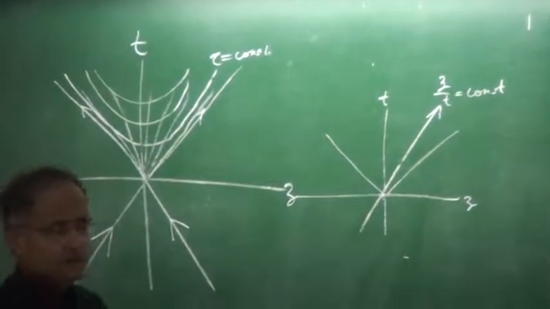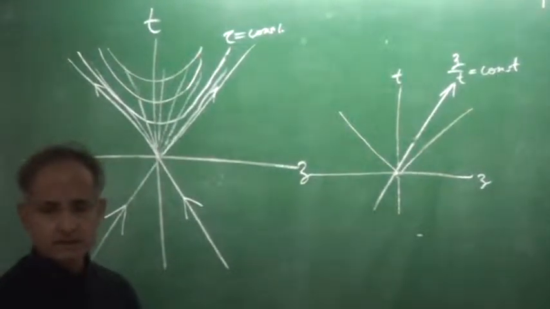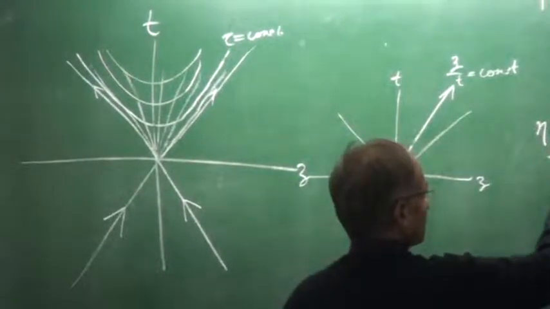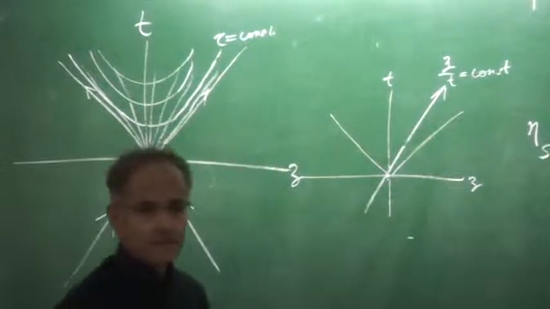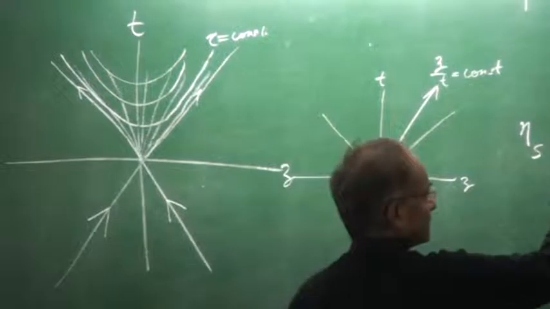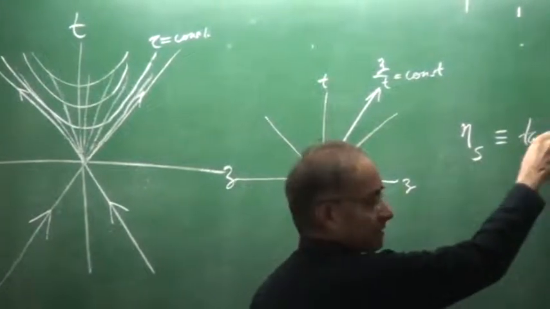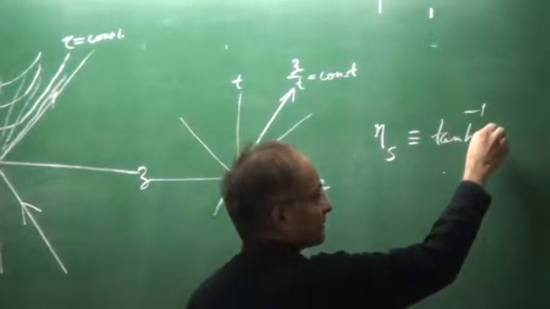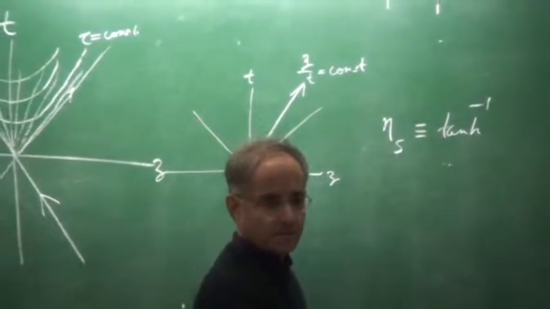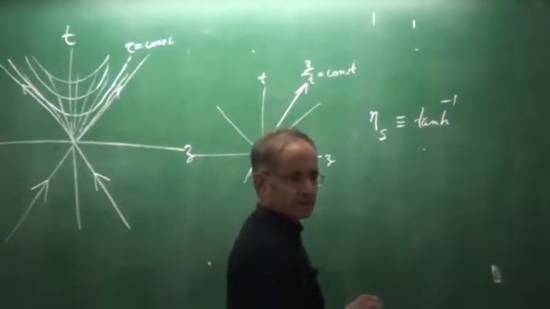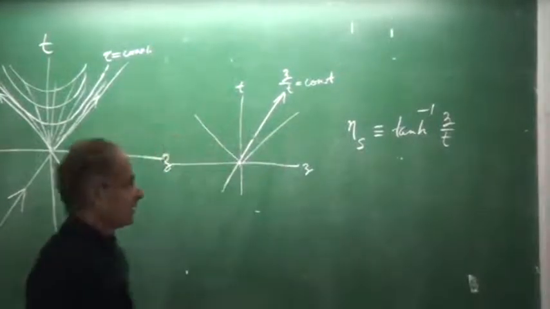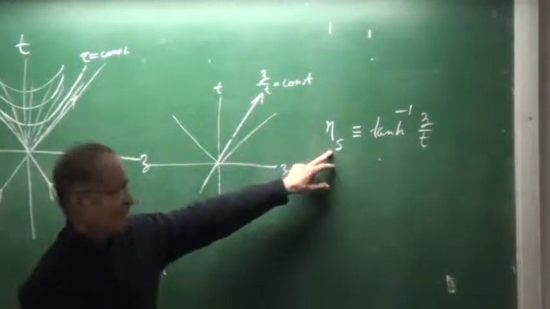Now remember the definition of space-time rapidity. What was that? It was defined as the hyperbolic inverse tangent of z by t. So what can you say about space-time rapidity?